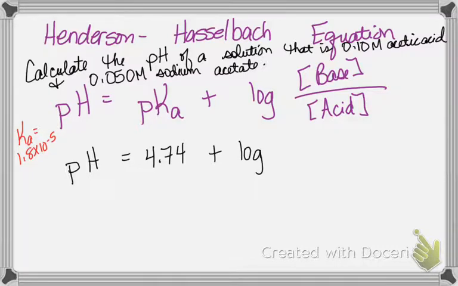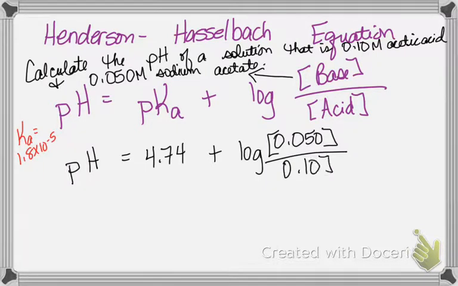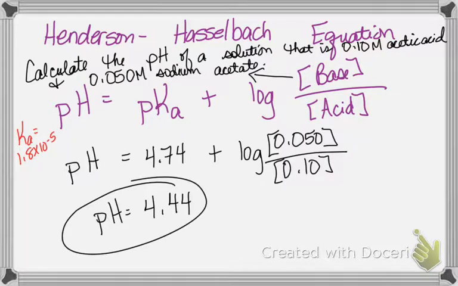The base is the sodium acetate, so the concentration of the base is 0.050. And the concentration of the acid is acetic acid, 0.10. Okay, so the pH of this is going to be 4.44. That's the pH of the buffer solution.